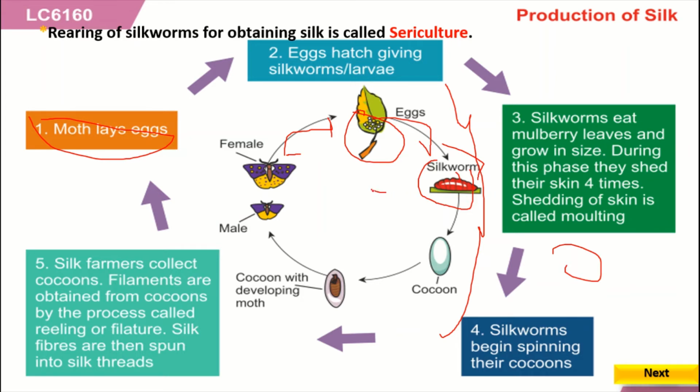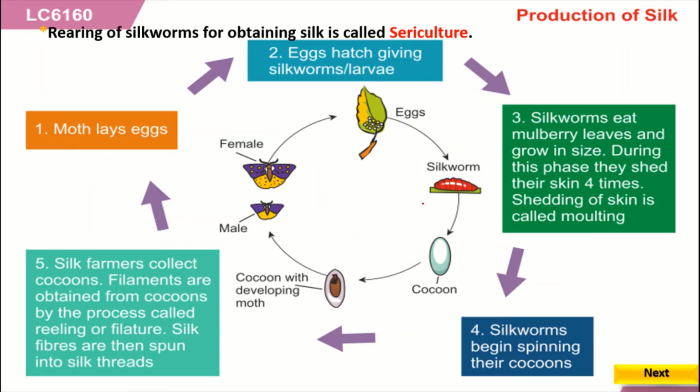During this phase, they shed their skin 4 times, which means the old skin is removed to form a new skin. This shedding of skin is called molting.